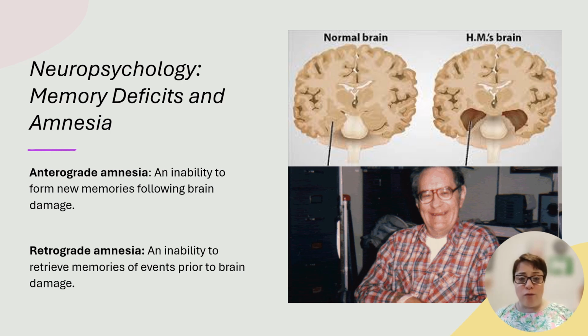So just over 100 years after Phineas Gage had his accident, in September of 1953, a 27-year-old man, Henry Molaison, underwent a very risky experimental surgery to alleviate symptoms of his debilitating epilepsy.